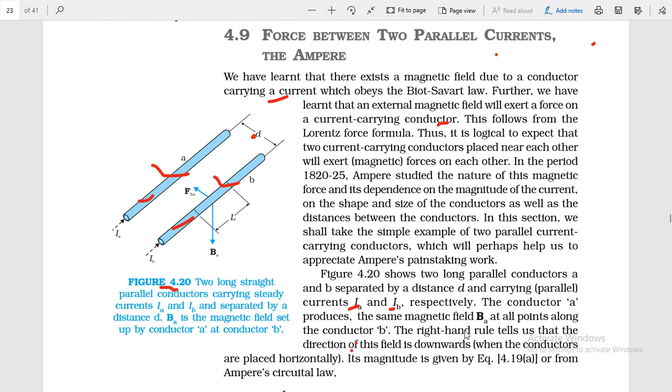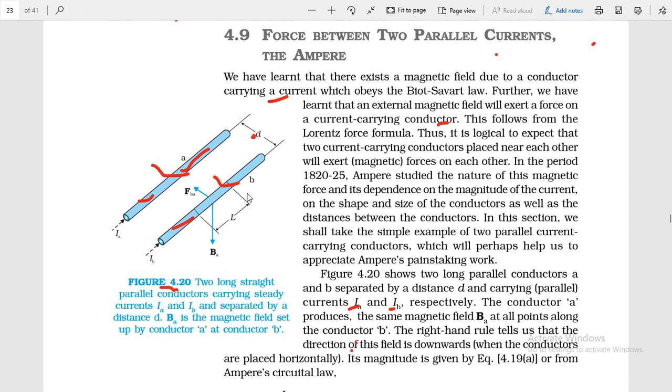The conductor A produces the same magnetic field BA at all points along the conductor B. Since this one is a current carrying conductor, it must produce a magnetic field in its surroundings, that is around B, because B is very close to A. The right hand rule tells that the direction of magnetic field is downward when the conductors are placed horizontally.